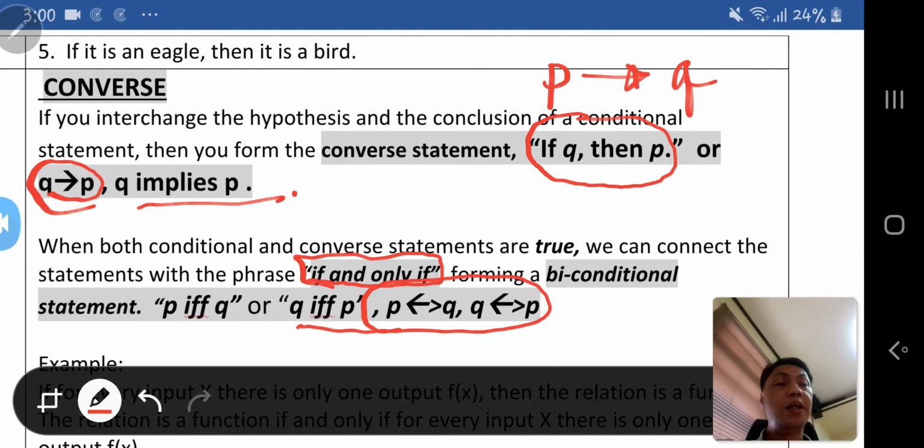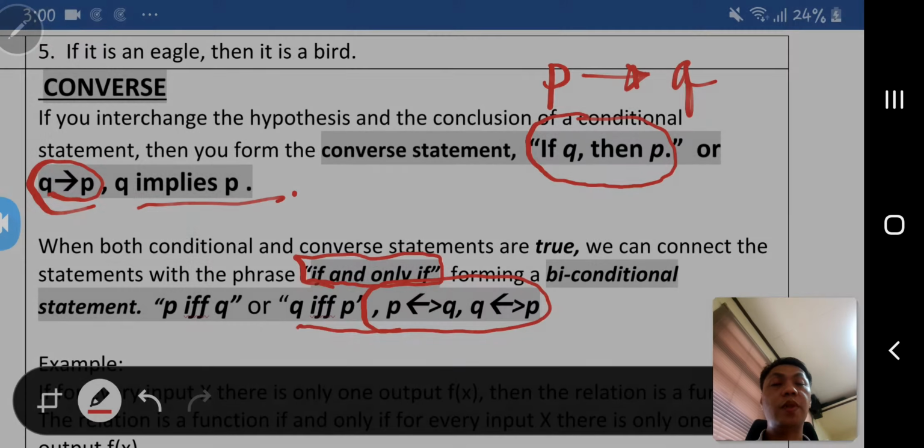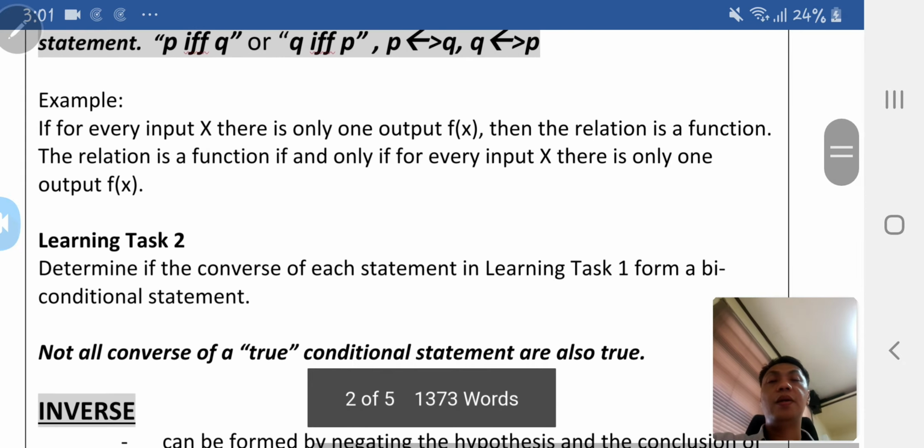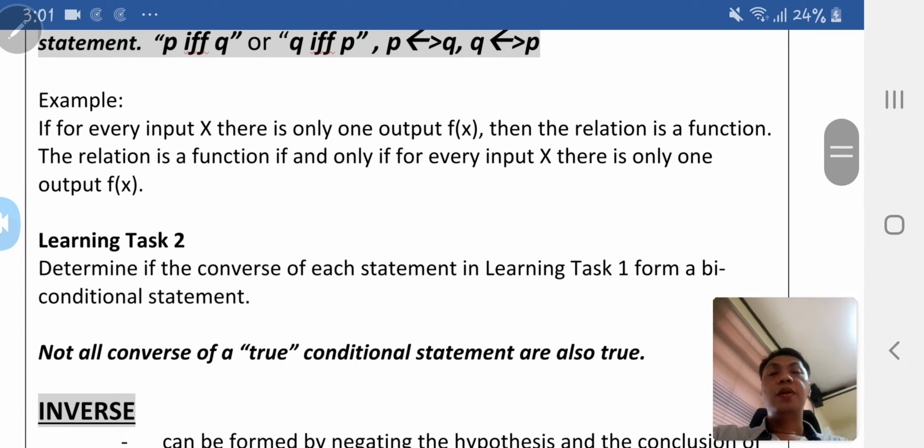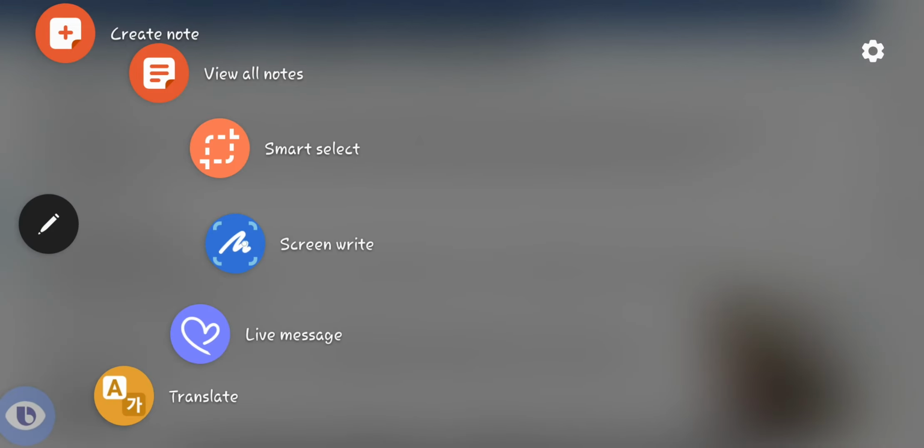Let's have an example. If for every input x, there is only one output function of x, then the relation is a function. Okay, let us analyze that example.